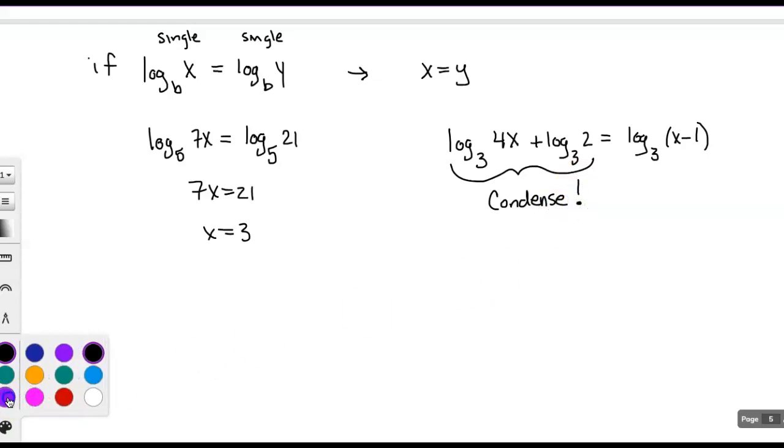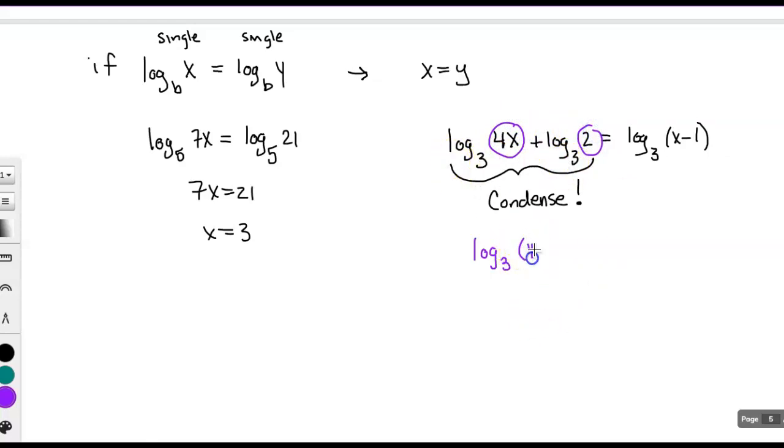So to condense two logs that are being added, you write it as one log with the expressions being multiplied together. So this is log base 3 of 4x times 2. So now we've condensed the log, and on the right-hand side we have a log. So here we are with log equals log, so we can drop the logs.